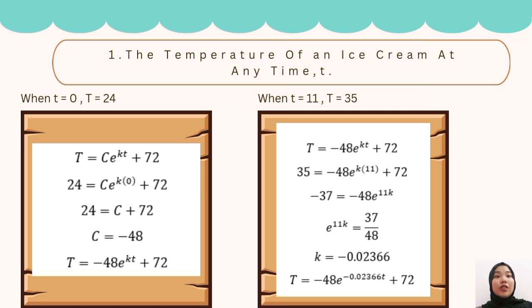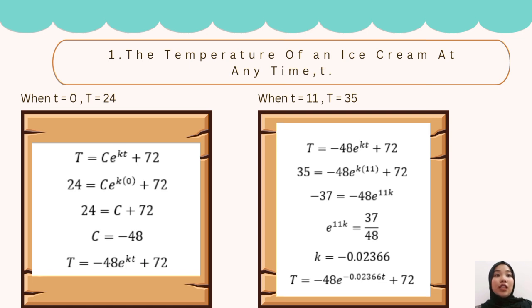Now, in order to find the value of K, we can use the information given: when the temperature is 35 Fahrenheit, the time is equal to 11 minutes. So we substitute it into the previous equation where 35 equals negative 48 e to the power of k times 11 plus 72.